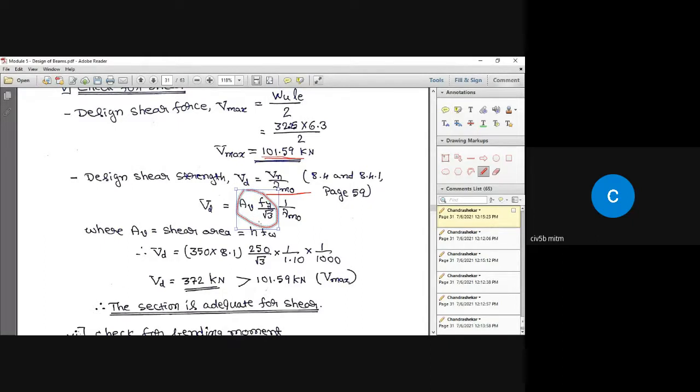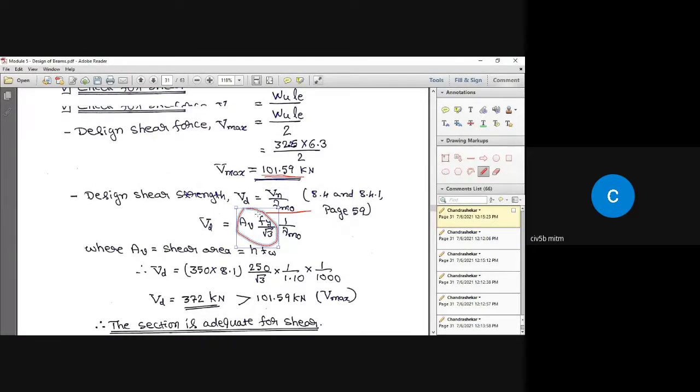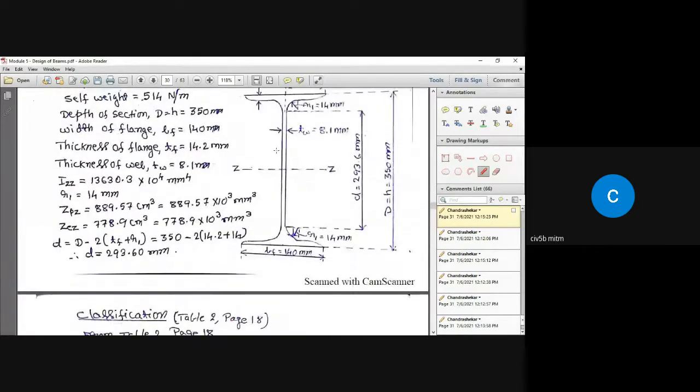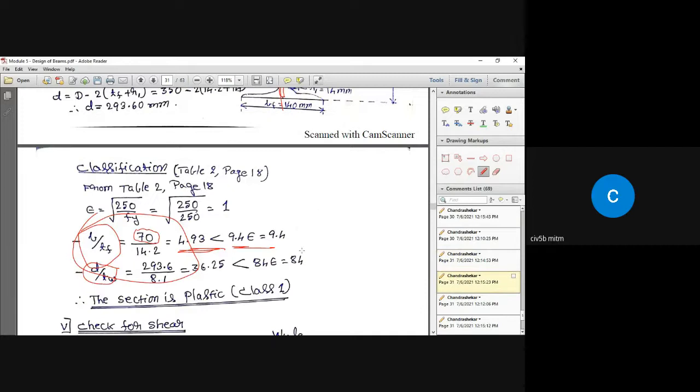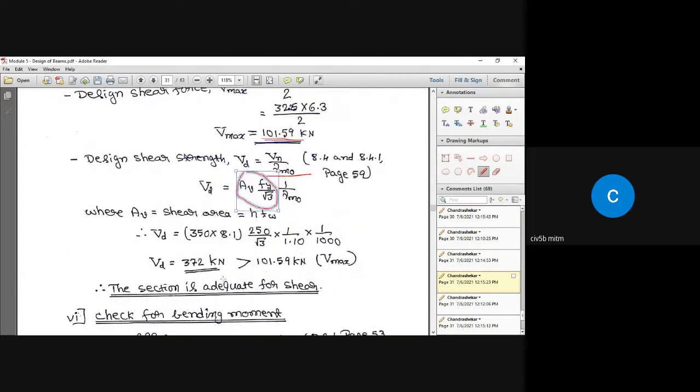Fy by root 3 is the design shear stress of the steel material. So what is Av? Av is the thickness of the web and the total depth. So this is going to be the shear area. That is the Av value.